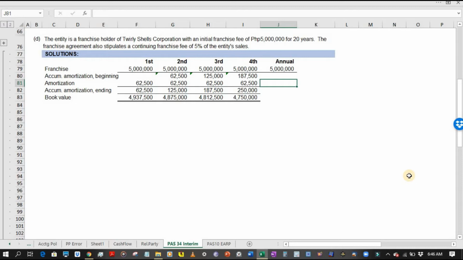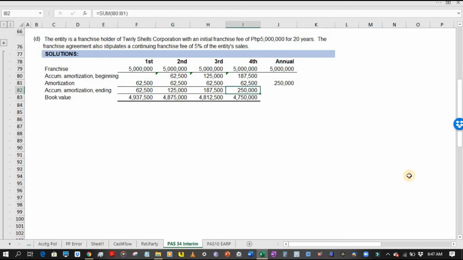And the amortization expense for the year, which covers 12 months, will be 5 million divided by 20 years. So that is 250,000 pesos. Following the integral view, each 62,500 in every quarter is an integral part of the 250,000 amortization expense that will appear in the annual income statement.